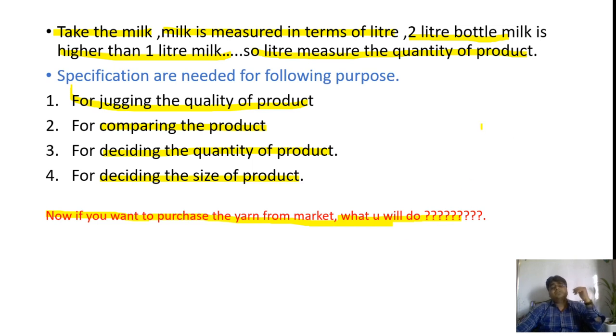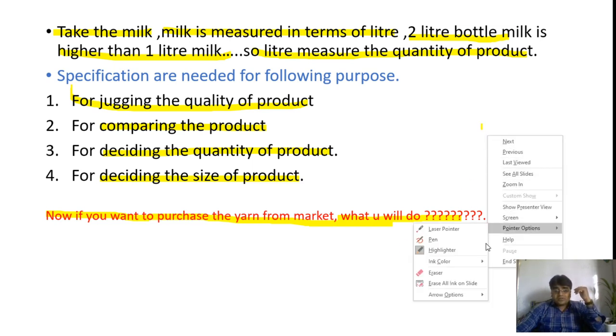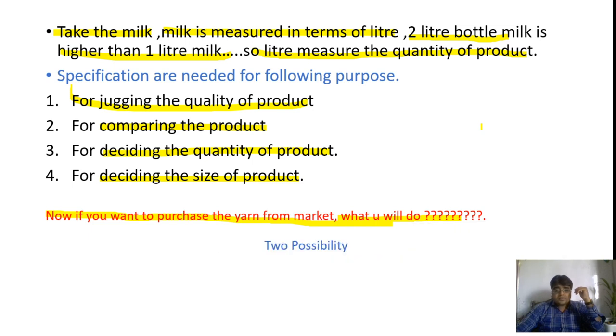What action are you going to take? There are two possibilities. If you are going to purchase yarn from the market, you can purchase with two possibilities.